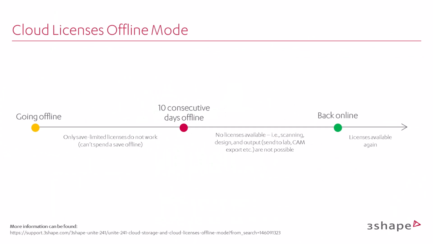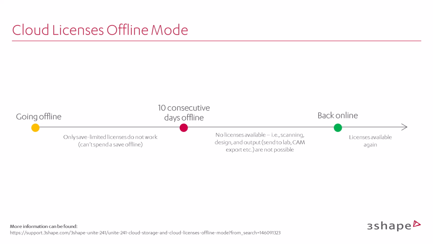Offline mode. Cloud licenses in 3Shape Unite 24.1 will offer a certain level of offline tolerance. The following scheme illustrates how it will function. When a user goes offline, only licenses with Save Limited Access will not function. The user cannot utilize a save while offline if they have a Save Limited license.